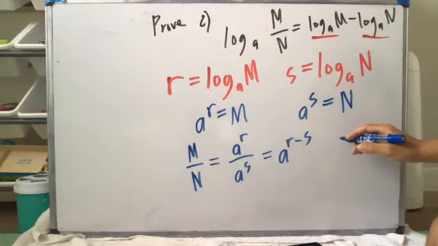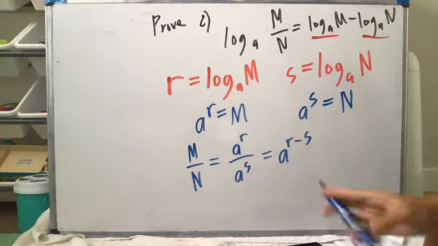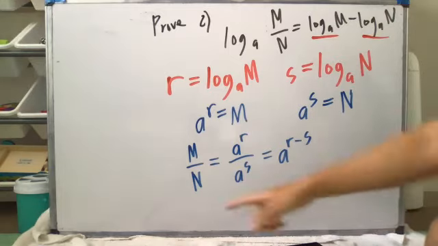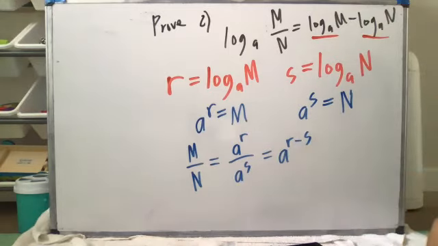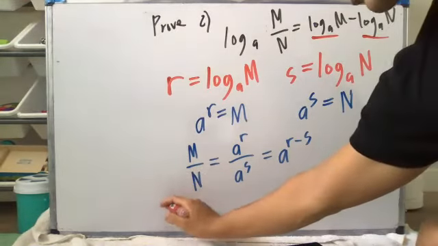And let's see now, how do I write that as a log? Okay, I see. So this is true, right? This is just rules of exponents. Now let's just apply logs to everything. So let's write the same equation just with log now.